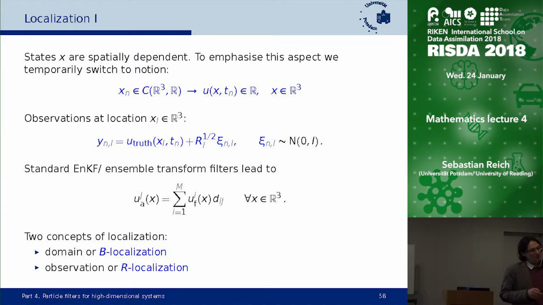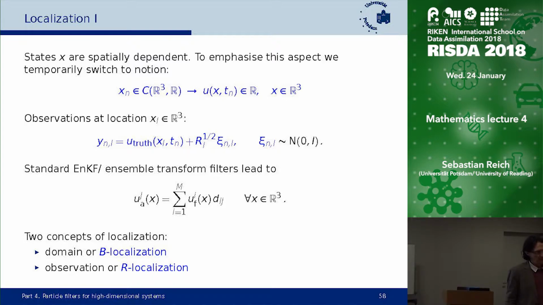Right, so if you stick to this sequential approach, and you want to do the EnKF in high dimensions, then you have to do localization. Now, localization is a very intuitive idea. So far, I denoted states by X. Now, this notation is a bit unfortunate because we're now talking about fields with a spatial domain.